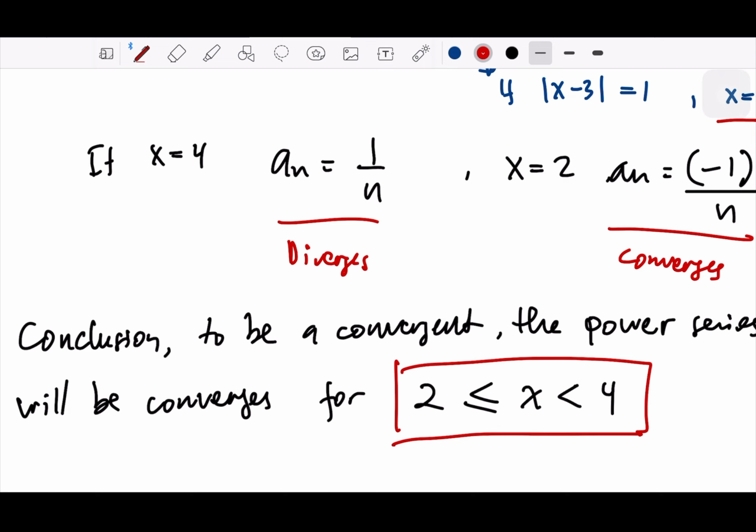So the problem in this power series is we are going to look for some interval of convergence. And most of the time, we are going to check the series with the ratio test.